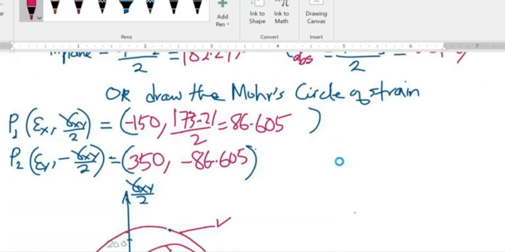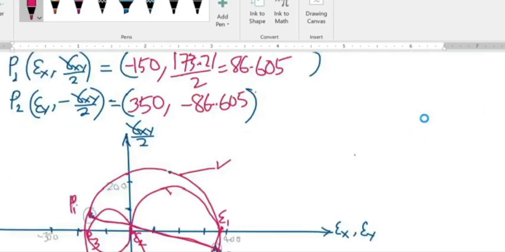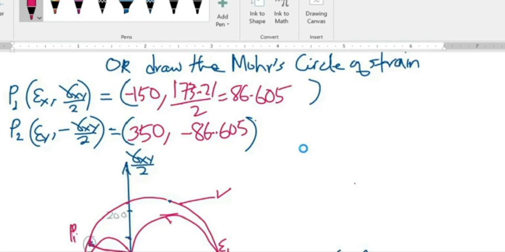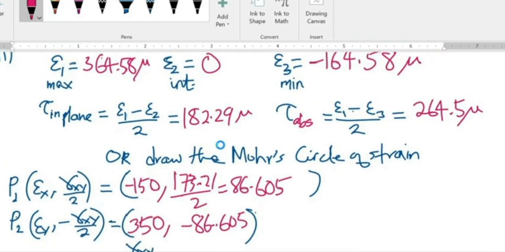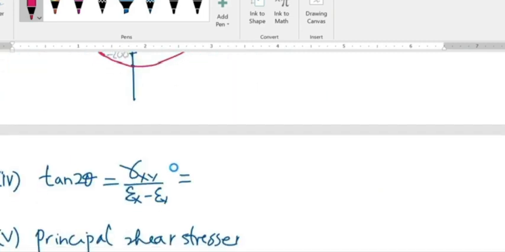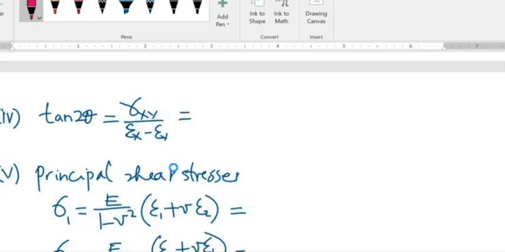This maximum is going to be approximately 264. So if you look at it, here is 100, here is 100, here is 200, and approximately, since my circles are not accurate, and then the second one, we can have the second maximum shear strain to be at this point, which is less than 200. And what are we having here? 182.29 micron. So this is it. You can also be able to determine using the Mohr circle.